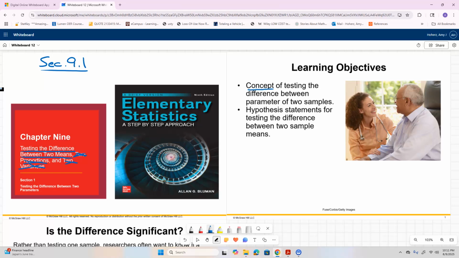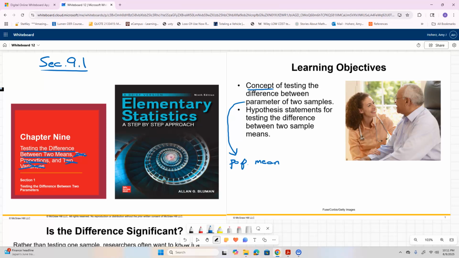So in section 9.1, as I said, we're going to learn the concepts. So the concept of testing the difference between the parameter of two samples. And remember, a parameter is just some measurement in the population. If it's in the sample, it's called a statistic. If it's in a population, it's called a parameter. In our case, we've done population mean.